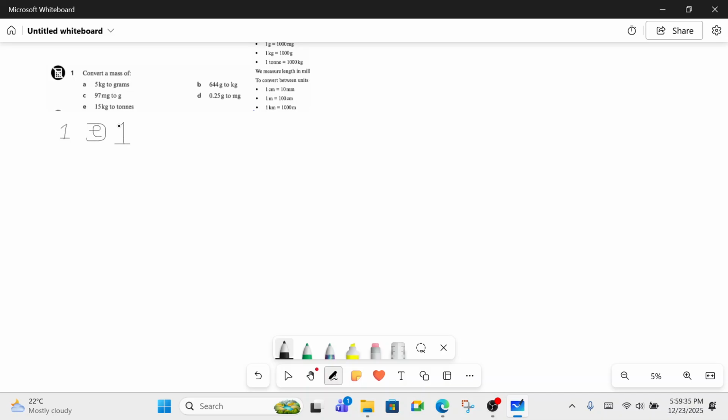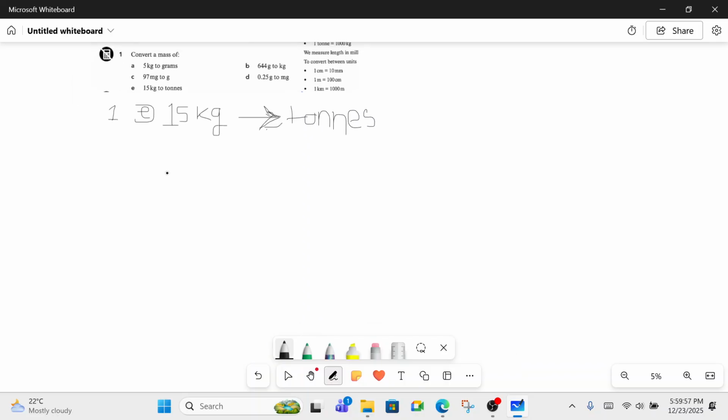Now the question here is convert 15 kilogram into tons. Okay, so 1000 kilogram represents 1 ton.